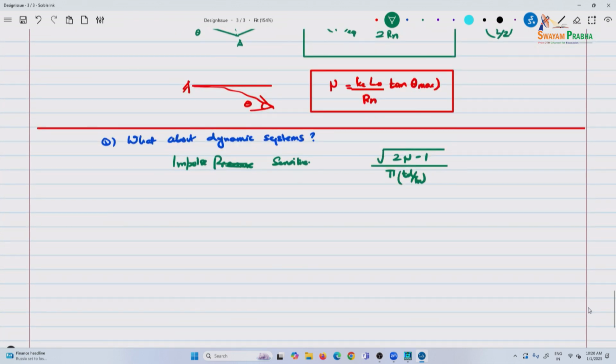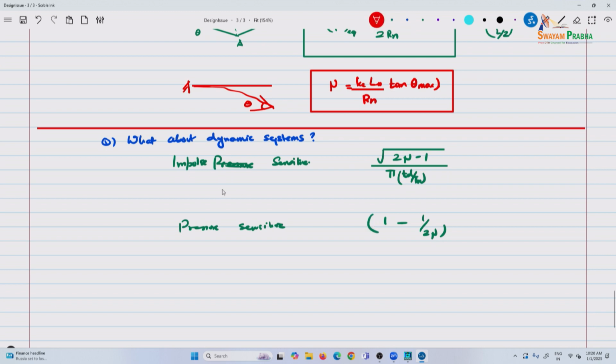So, it's the other way around. And then your pressure sensitive was 1 minus 1 over 2 mu.